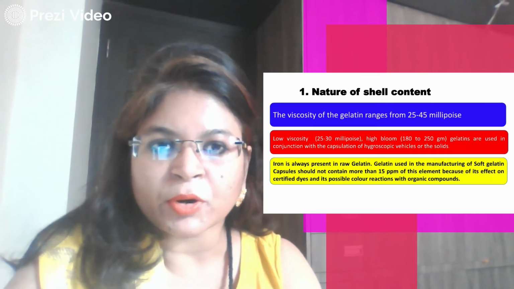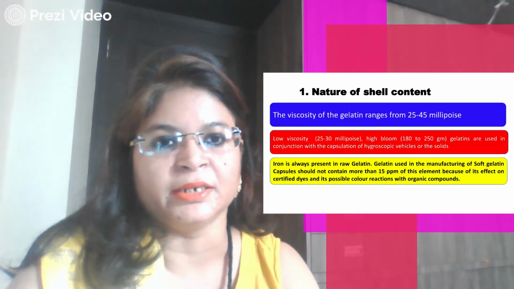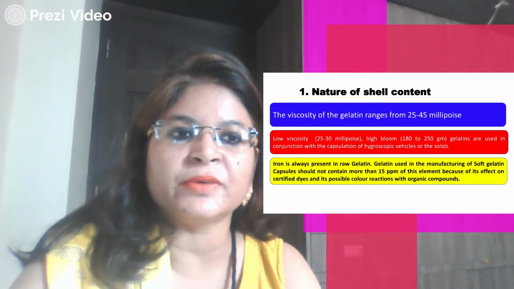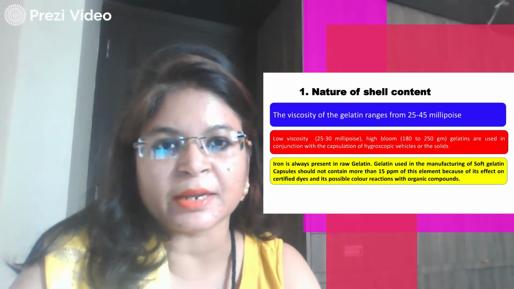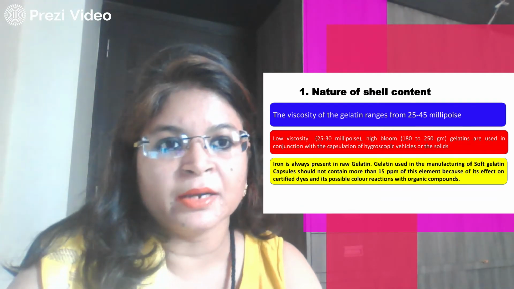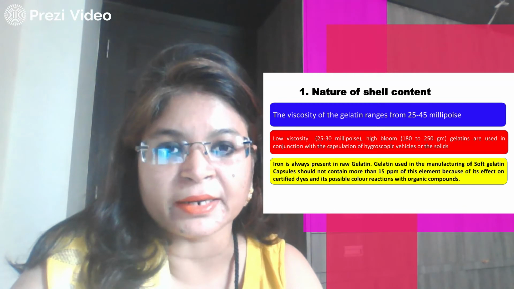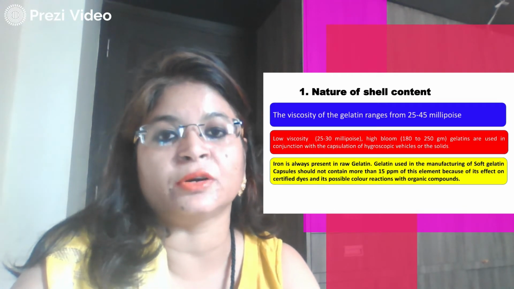It is also important to understand that iron is always present in raw gelatin. So gelatin used in the manufacturing of soft gelatin capsules should not contain more than 15 ppm of this element, because of its effect on the certified dyes and its possible color reactions with organic compounds.